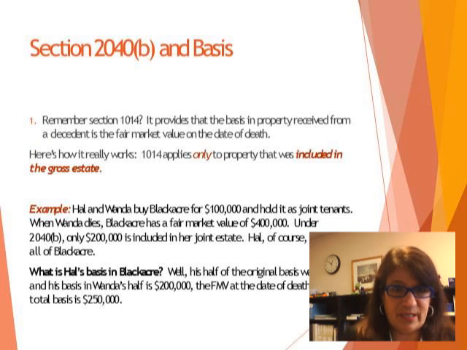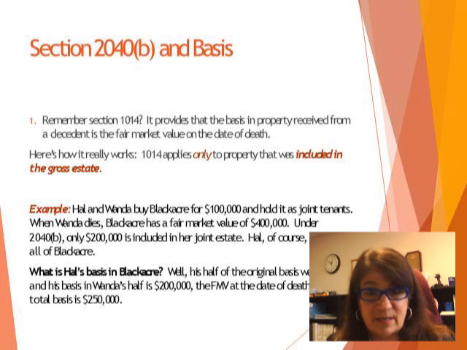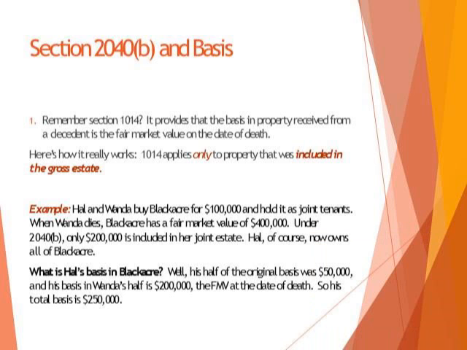Now, it does have some implications for basis. The way Section 1014 works, that's the stepped up basis at death, it applies to property that was included in the gross estate. So here's our example. Hal and Wanda buy Blackacre for $100,000 and hold it as joint tenants. When Wanda dies, it's got a value of $400,000. Now, under 2040B, only $200,000 is included in her gross estate, right?